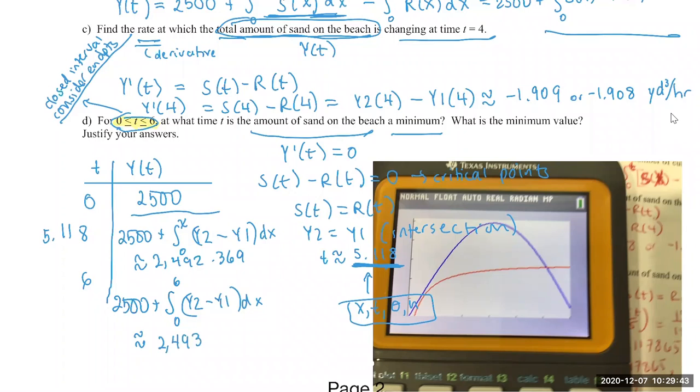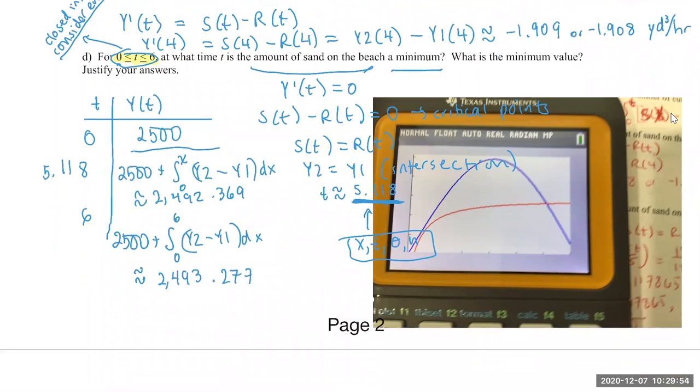And because time is running over, I see the ones coming in through are correct. 2,493.277 is correct.